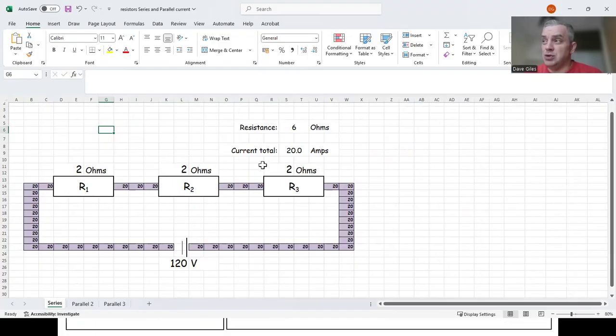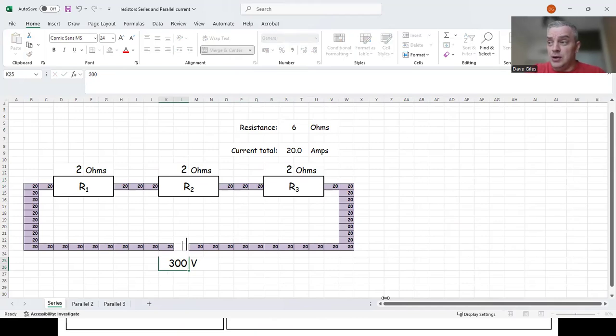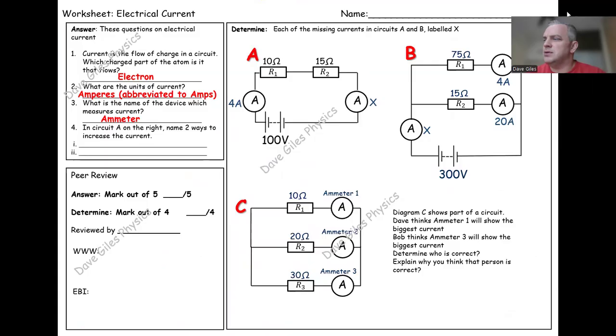So that's one way to increase it, reducing your resistance. Alternatively, if I increase the voltage from 120 volts to 300, it's going to 50 amps everywhere. So the two ways to do it are increase the voltage or reduce the resistance.